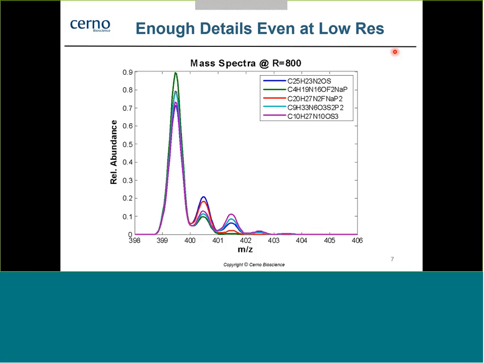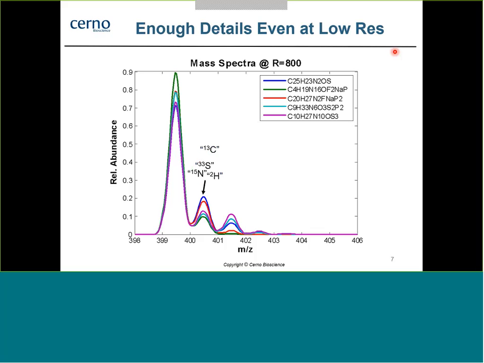It's just that they're not fully resolved. And in actuality, there's significant detail in this ion fingerprint to provide very accurate formula identification as well as quantification. And that's going to be our topic today.